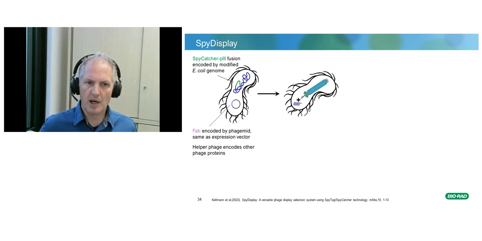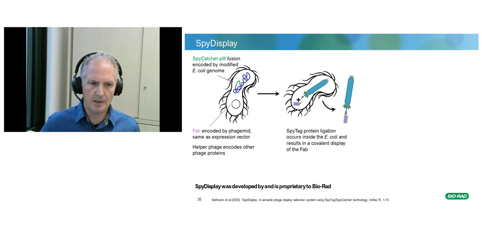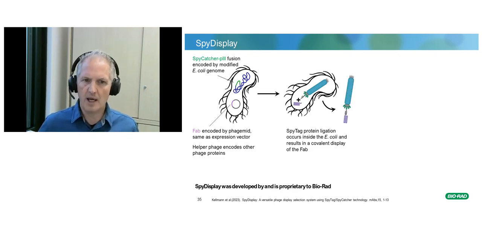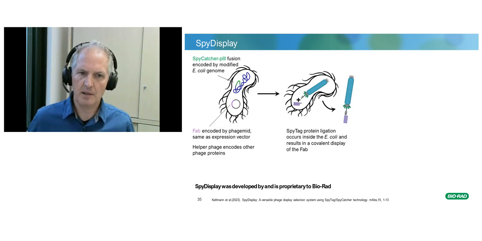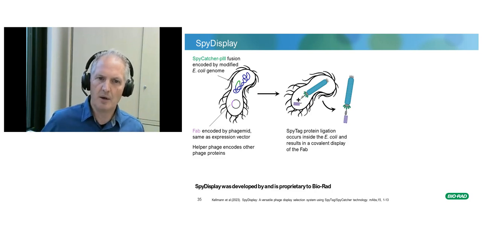And then the E. coli produces new phages, which carry a SpyCatcher on the surface of the phage. And from the phagemid, we get our Fab with a SpyTag. And then within the E. coli, the SpyTag and the SpyCatcher ligate. And this way, we get our Fab covalently displayed on the surface of the phage.